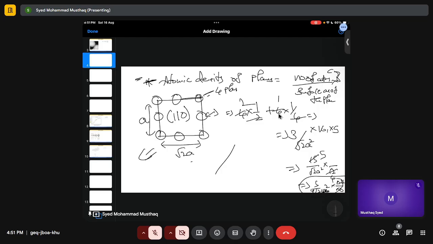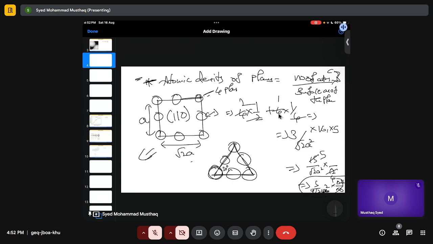Let me draw it for the 111 plane because this is the most complex one. Right, so this is how it looks. Now each corner is shared by 6. Why? Because the angle here is 30.